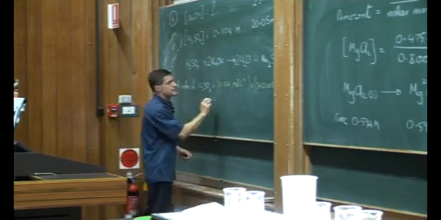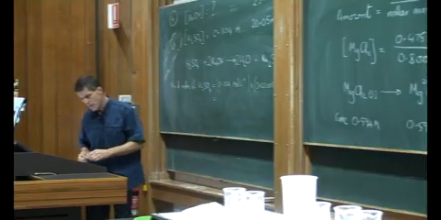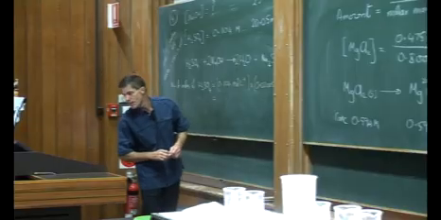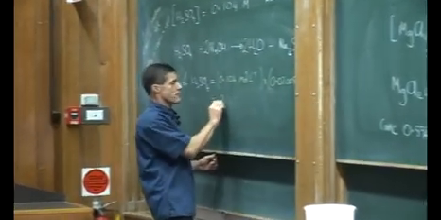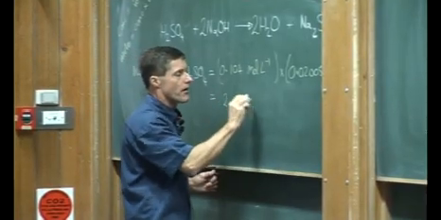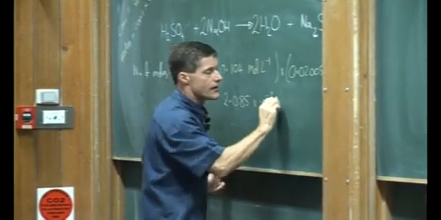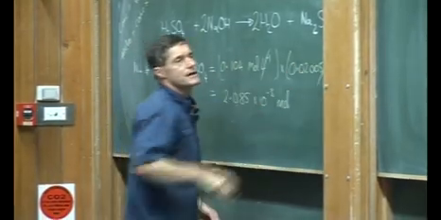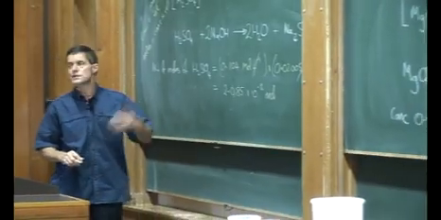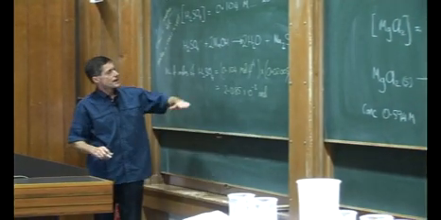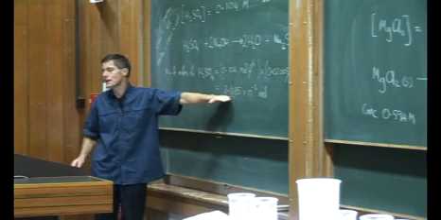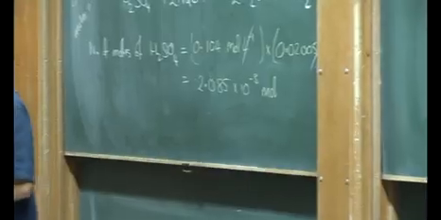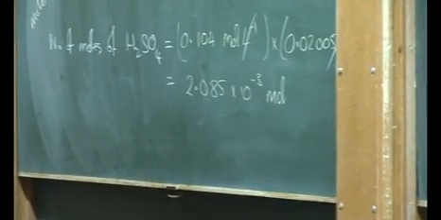I work this out, I get a numerical value, which in this case is 2.085 times 10 to the minus 3. Per litre, and the litres cancel out, so the units are moles. So, in this reaction, I've used exactly 2.085 times 10 to the minus 3 moles of sulfuric acid.